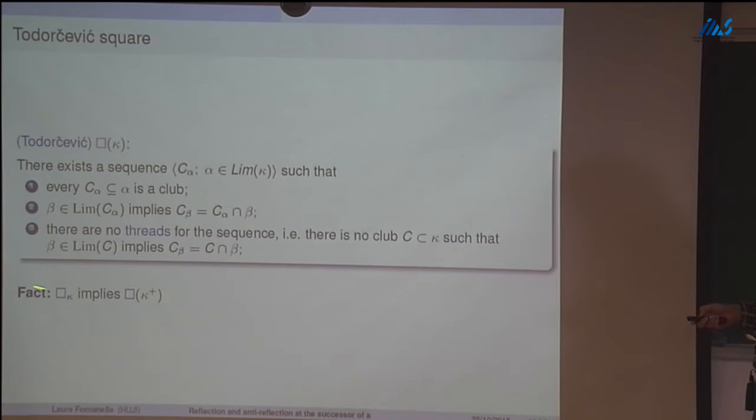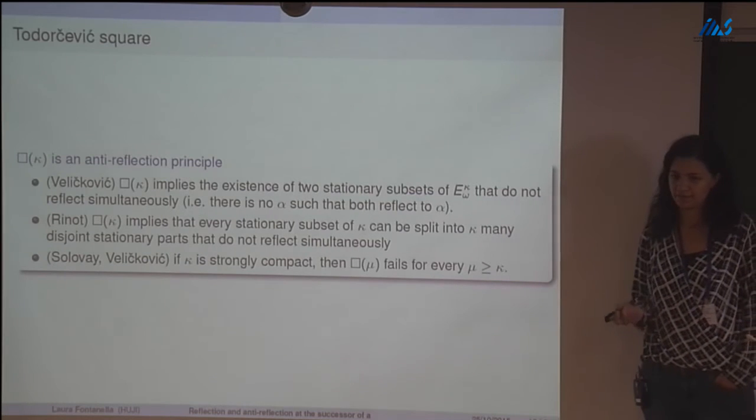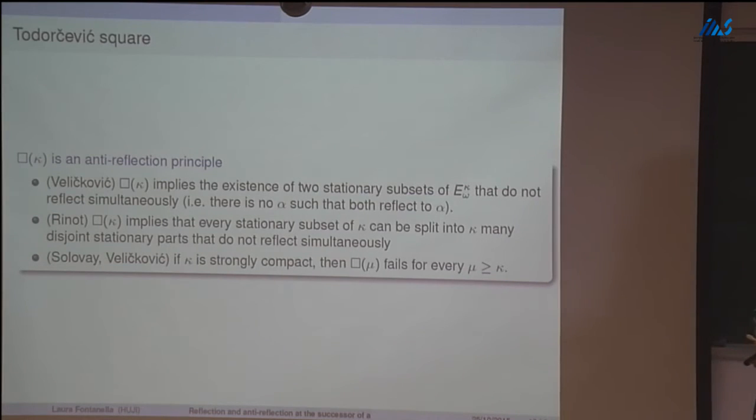Square index kappa implies square parenthesis kappa. So this is also an anti-reflection principle. It does not imply the failure of the reflection of stationary sets, but it implies the failure of the simultaneous reflection of stationary sets.